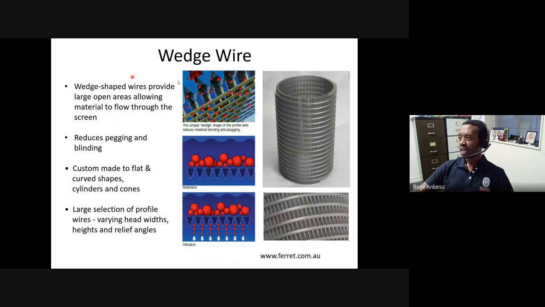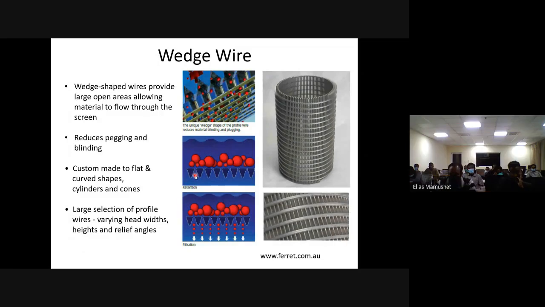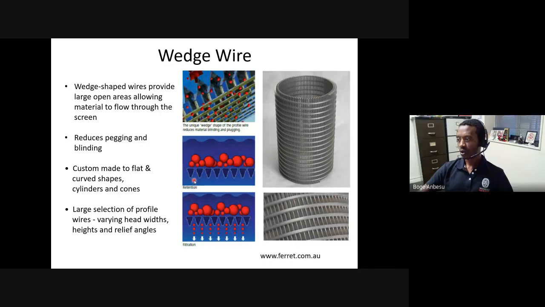Wedge wire. So the name wedge simply comes from the shape of the surface. So when you look at the screen surface itself, probably this picture here shows what is going on under the screen surface. So there is a wedge-shaped wire that's making up this kind of screen. So the opening is small, very close to where the screening is happening. But once particles pass through that little gap there, it is free to fall through, which means blinding can be significantly minimized if you use a wedge-shaped surface like this one here.